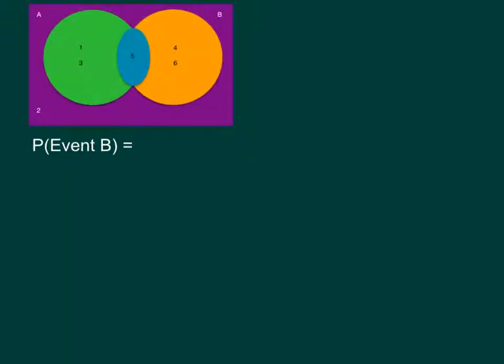The next question is, what is the probability of event B occurring? Therefore, what's the probability of rolling a number greater than 3? When I write this, again, I need to write the number and the symbol for greater than 3. And again, that's going to be divided by all the numbers in the sample space.